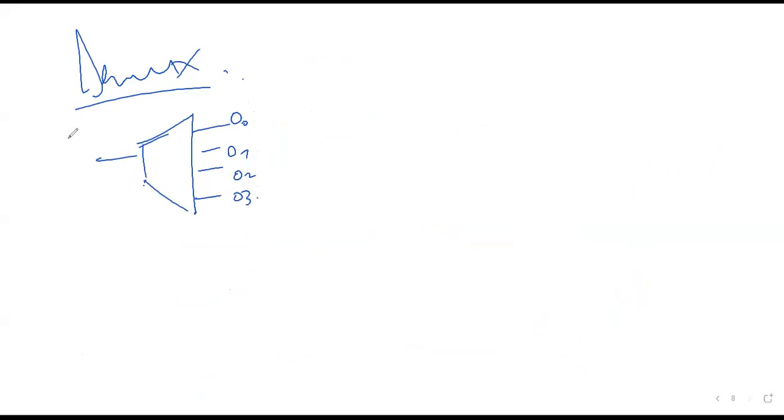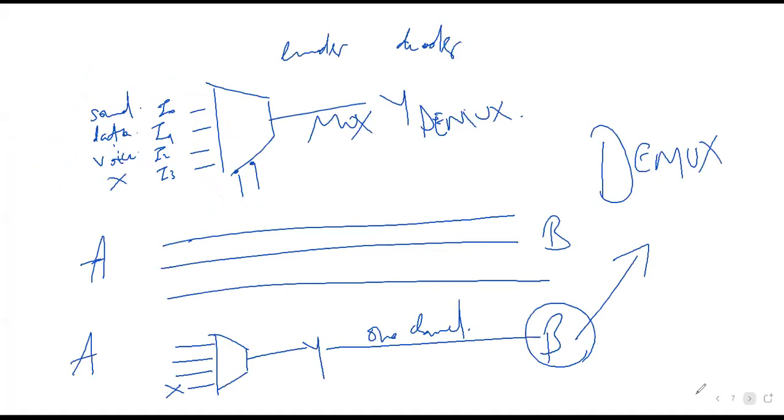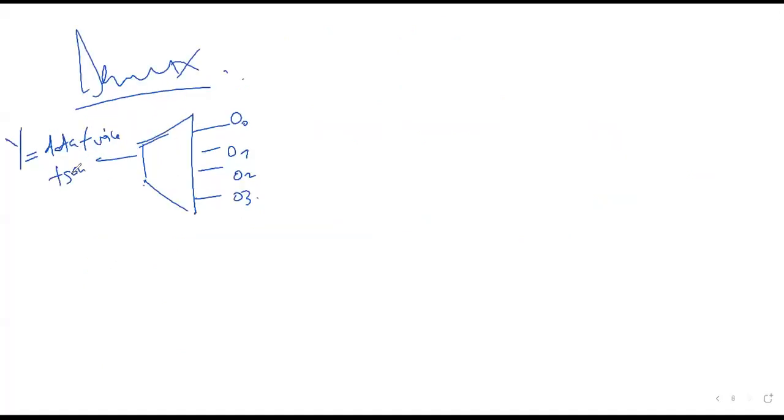So in my example, let's say my input Y is now equal to data plus voice plus sound plus X. With my selectors here, I now know if my selector is 0, 0, my output will probably be data only.